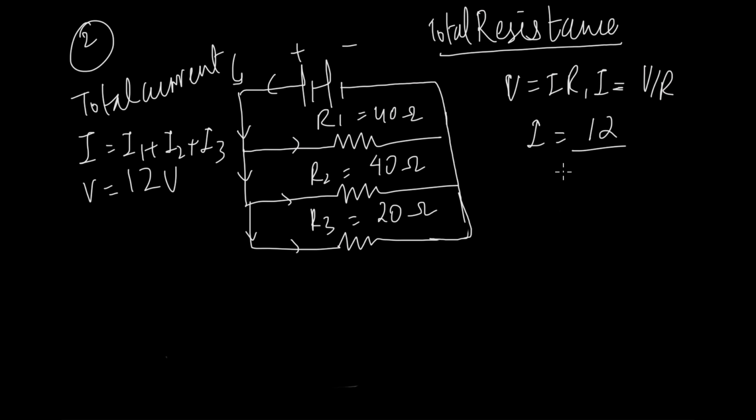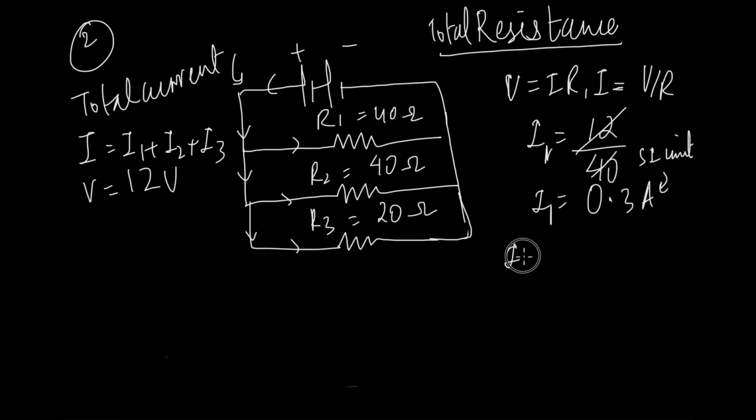And then the resistance R1 is 40, so that is going to give us current of about 0.3, and then we're going to write A because ampere is the SI unit of current. This is I1. So similarly you can also calculate I3.